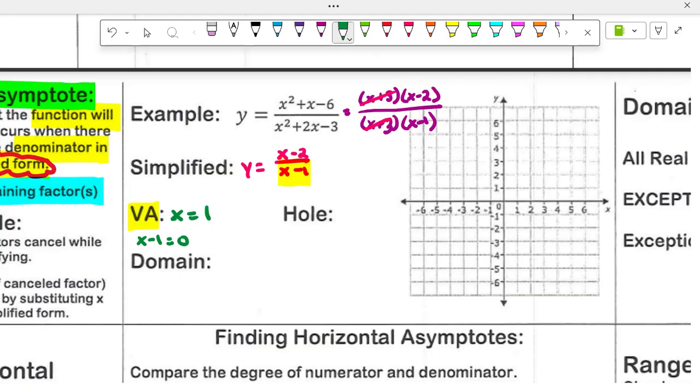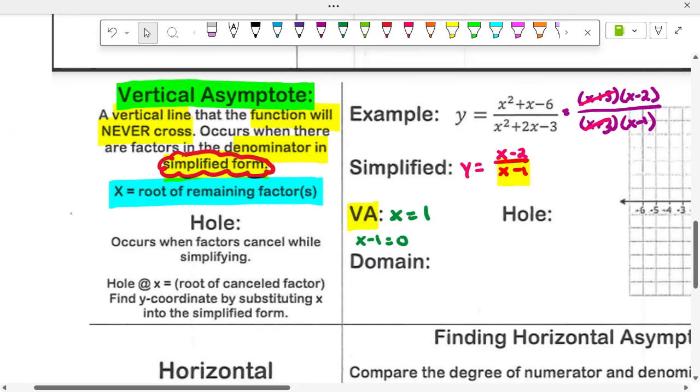When you write an asymptote, it has to be x equals or y equals something. You cannot just give me a number because it's an equation of a line. So x equals 1 is where our vertical asymptote is. So if I draw the graph, we're just going to draw a dotted line to represent the asymptote. That means that whatever x, we can never have x equals 1 because that's where our function's undefined. Our graph will never cross that line.